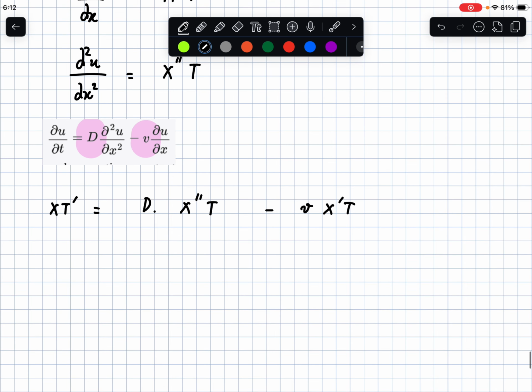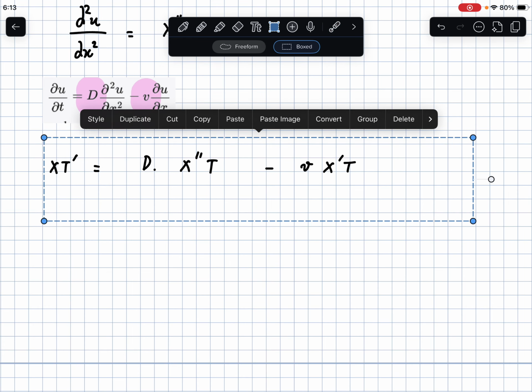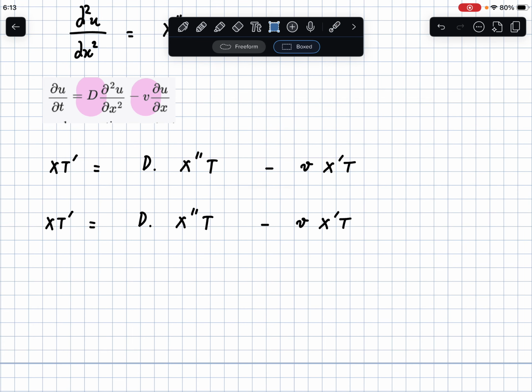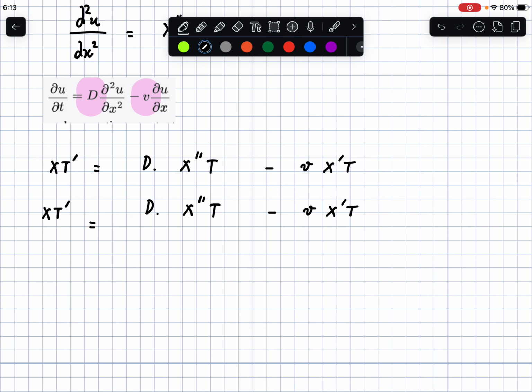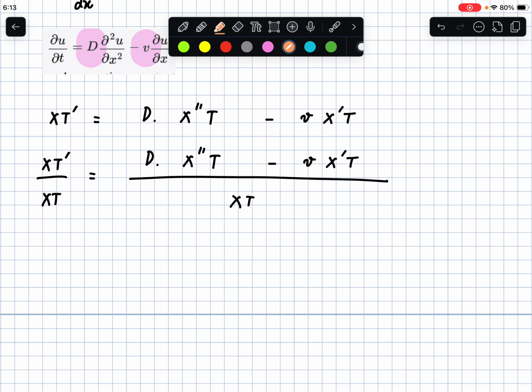So now we want to separate X to one side and T to the other side. Let's copy that and divide both sides by X times T. On the left, X and X cancel out. On the right, T and T cancel out.